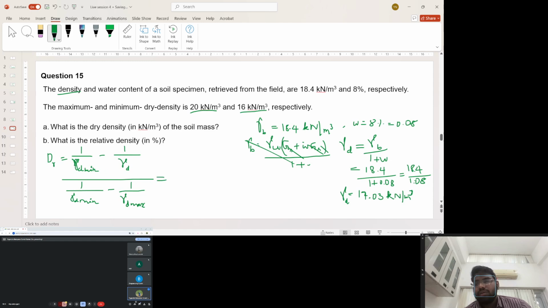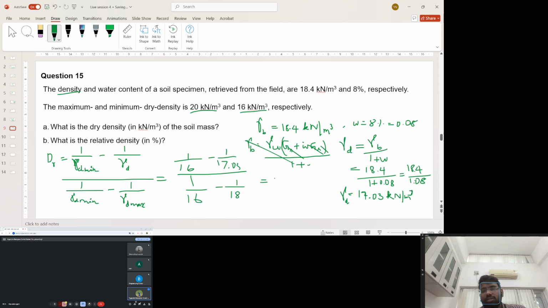All right. So now if you substitute the values, 1 by 16 minus 1 by 17.03, divided by 1 by 16 minus 1 by 20. How much you are getting? 30.24.